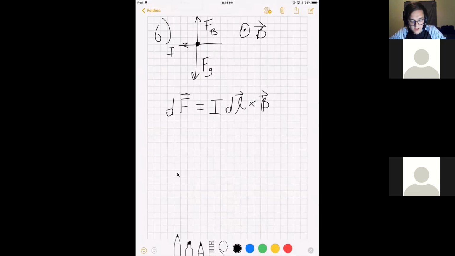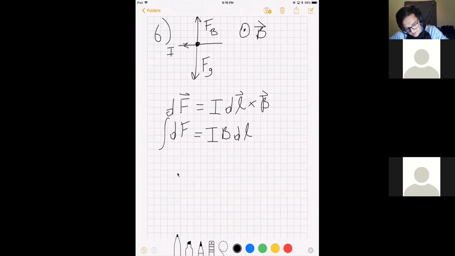Well, dl is perpendicular to B, so we can get rid of the cross product and just multiply the magnitudes. So it's I B dl. That's equal to dF. We're dropping the vectorness of it because we already know the direction.